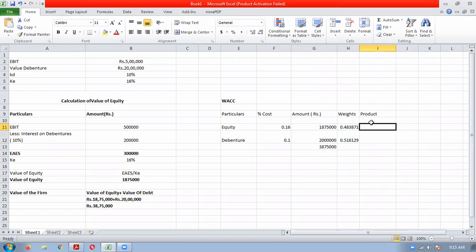Now you can do the product of cost into weight. You will get the weighted average. This you have already done earlier.